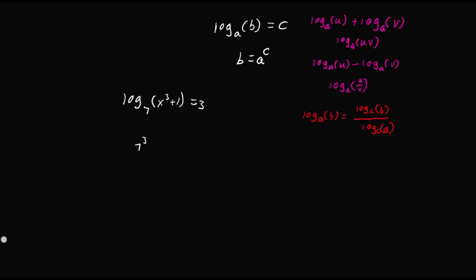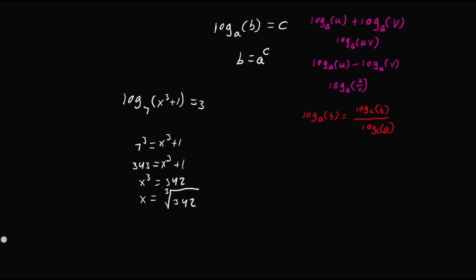So we have 7 cubed is equal to x cubed plus 1, where we get 343 is equal to x cubed plus 1. And now we have x cubed is equal to 342. And taking the cube root of both sides, we get x is equal to the cube root of 342, which is going to be our only real solution for this equation.